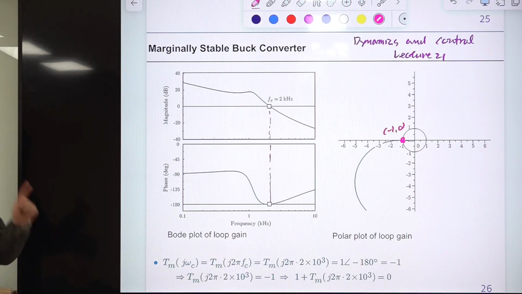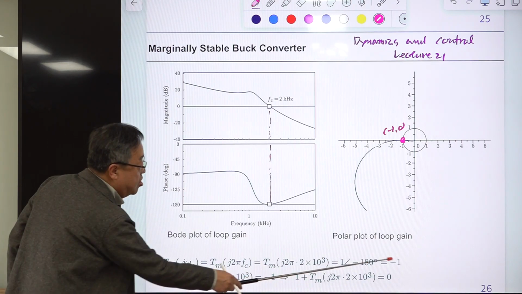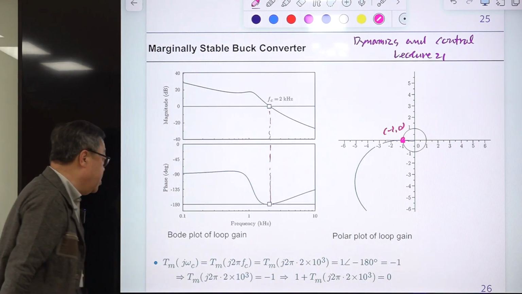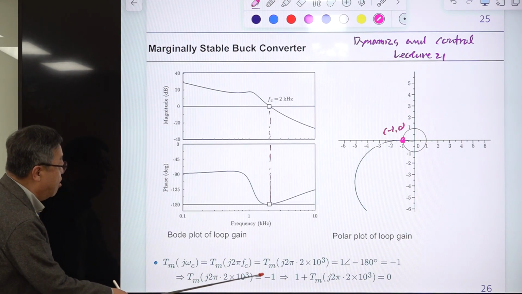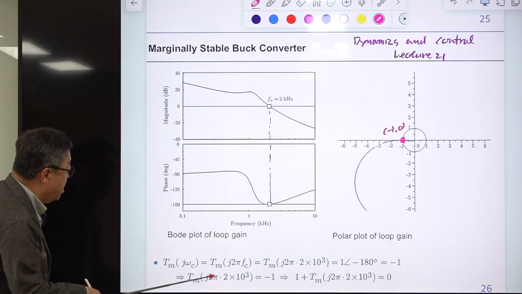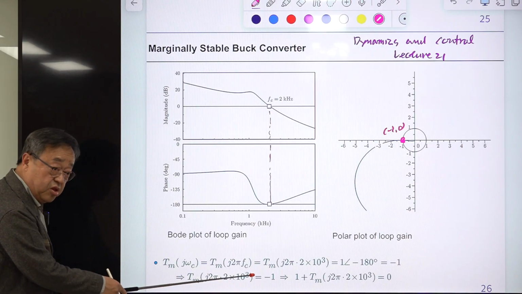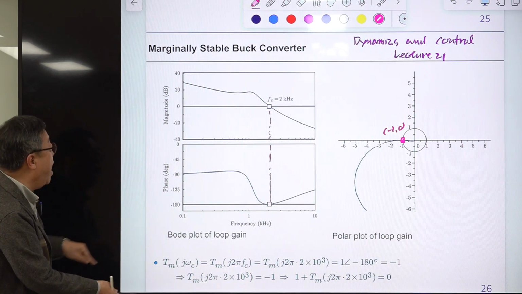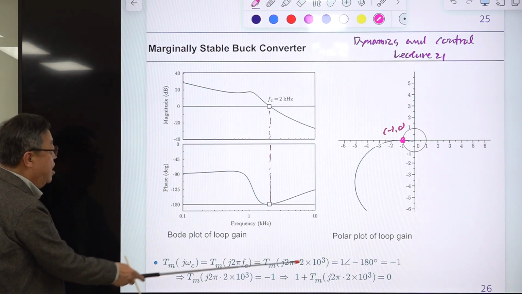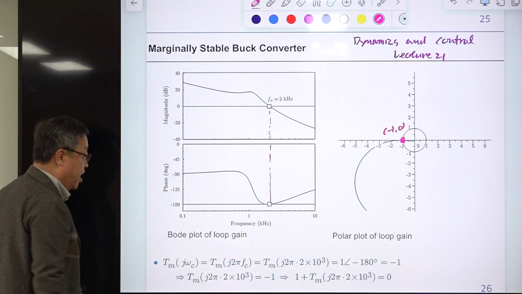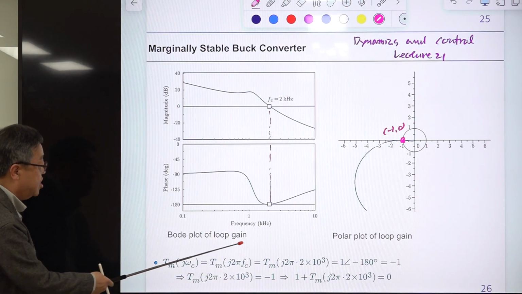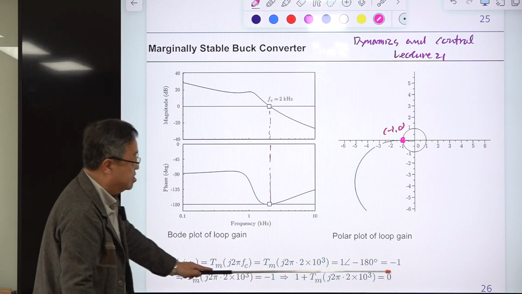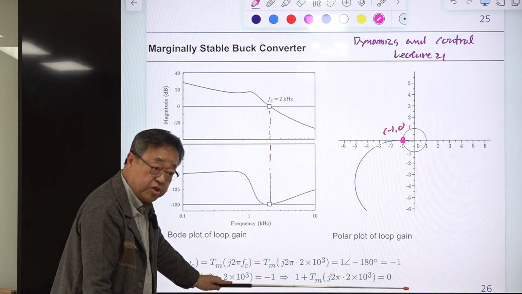That is the number minus 1, another expression of minus 1. That means the loop gain at this frequency is minus 1, a negative real number of unit magnitude. So the magnitude is 0 dB and the phase is minus 180. Then you move this here, and you have the same expression.